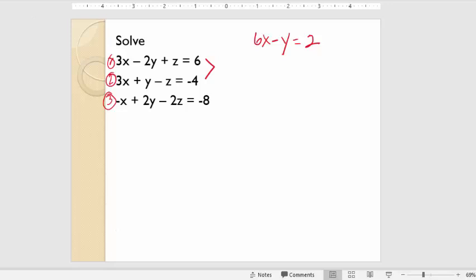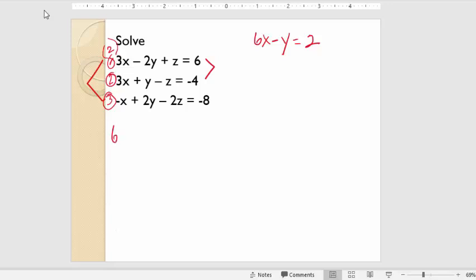So I'd like to eliminate the z again when either adding equation 1 and 3 together or adding equation 2 and 3 together. I notice that if I multiply equation 1 times 2, I'll have a positive 2z and a negative 2z, and that goes to 0. So I'm going to multiply through the first equation by 2.